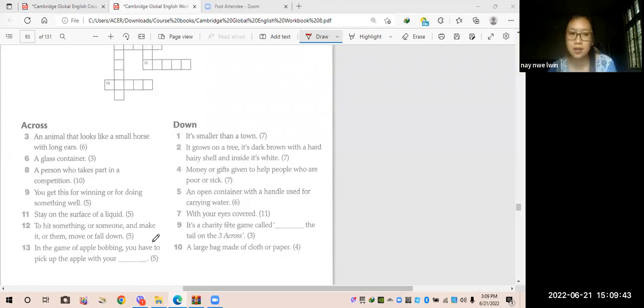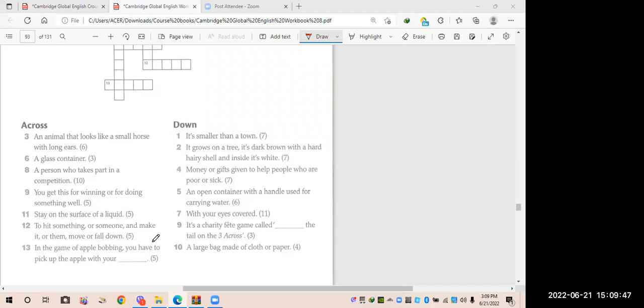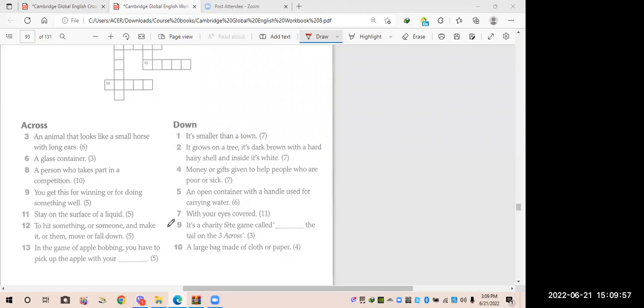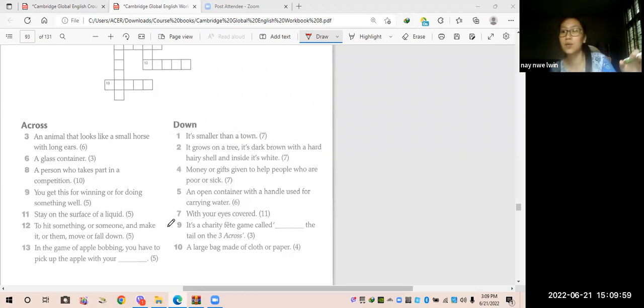And 11, stay on the surface of a liquid. Float, yes. And how about 12, to hit something or someone and make it or them move or fall down? Knock, correct. You knock the coconut, right?